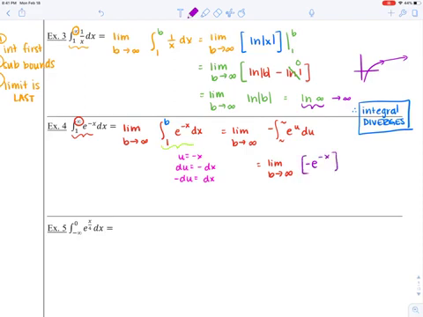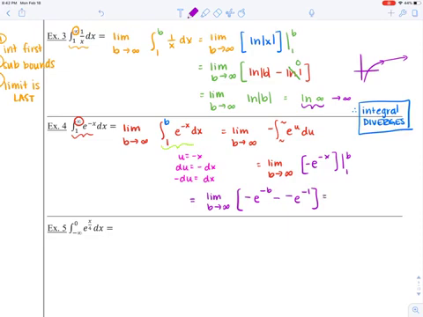Don't forget your bounds. So my original bounds were from 1 to b. So integral first, bounds second, limit is last. So now we're going to substitute in our bounds. You have to show that you're substituting in your bounds. Do not skip this step. So I'm going to say negative e to the negative b minus negative e to the negative 1.